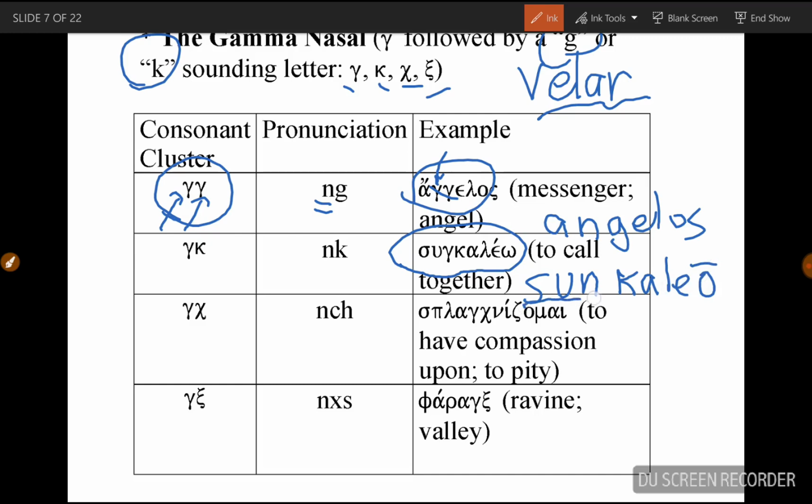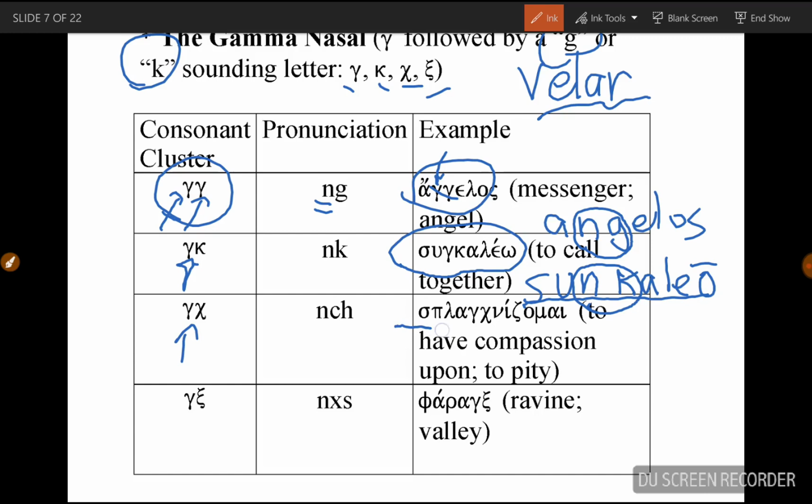If I were to write it out in English, it's pronounced soon kaleo. So you have this nunk consonant cluster. You have this nung consonant cluster. The first gamma is always pronounced with an N sound, and then you pronounce the second letter as it's normally pronounced in the alphabet. So look at this one. This is a nunk sound.